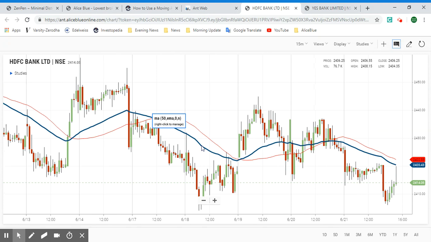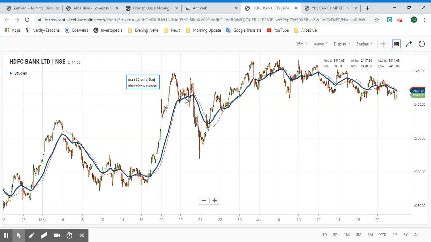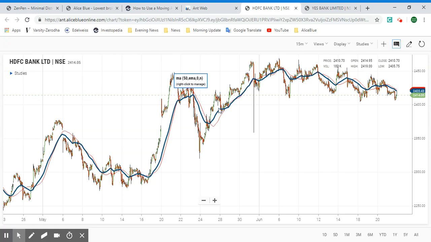As you can see, the blue line moves much closer to the price candlestick chart than the simple moving average, which is the red line. The exponential moving average line follows the candlestick pattern more closely and reacts more quickly to the trend changes.